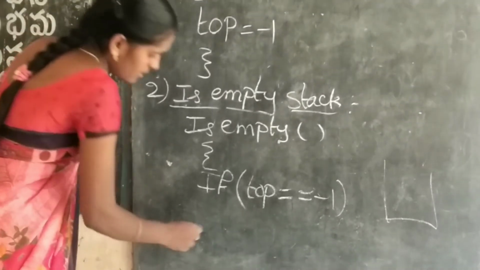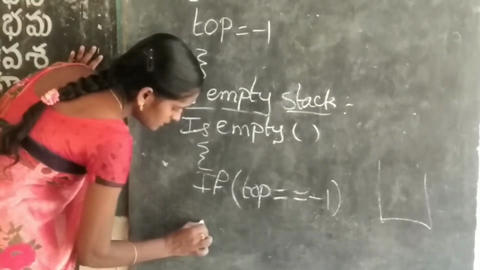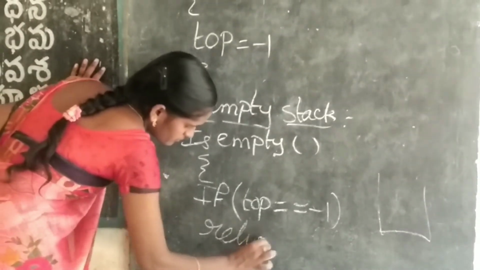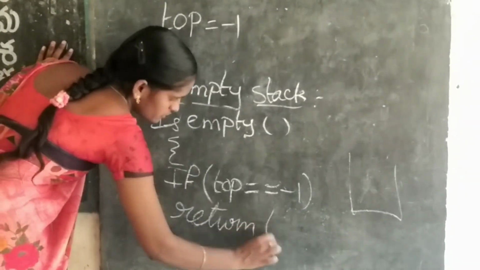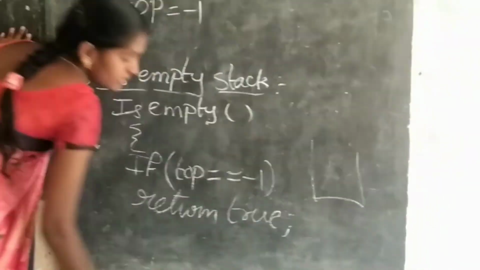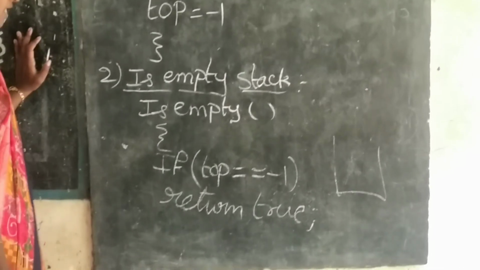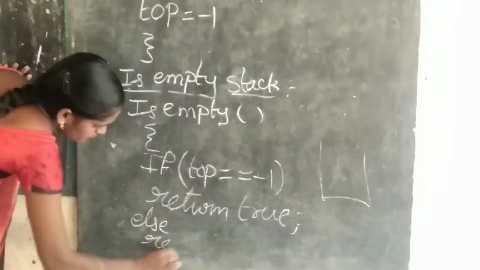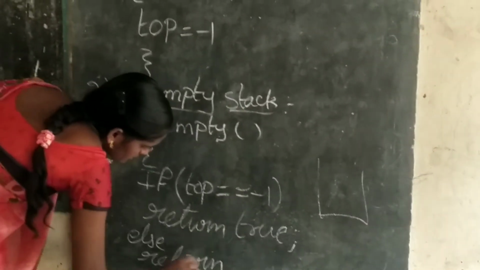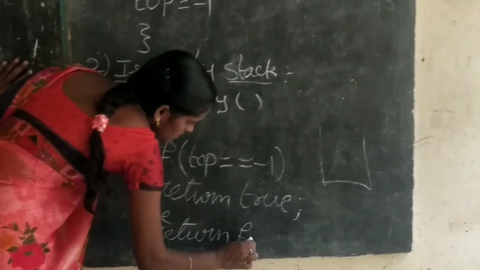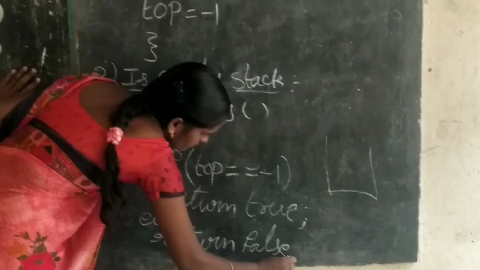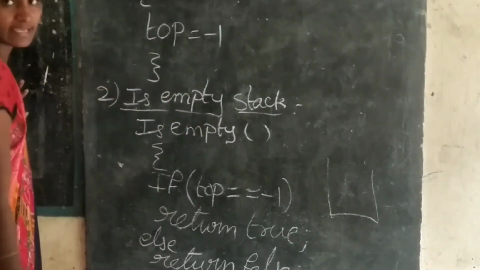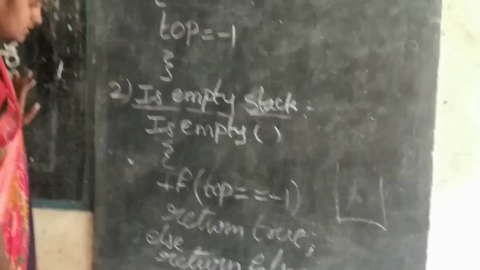If it is true, return true. That means the stack is empty. Otherwise, else return false. The stack is not empty.